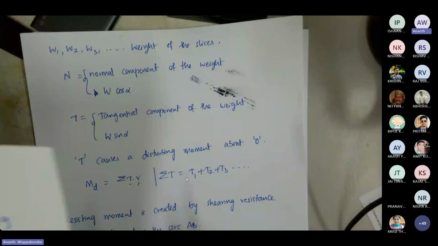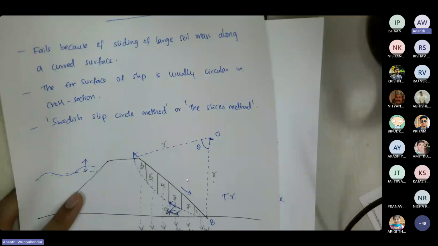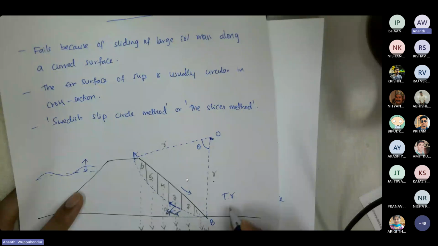I'm considering one individual segment, then the moment is T times R. But if I want to calculate the total moment, then you have to sum all the moments due to the individual forces.